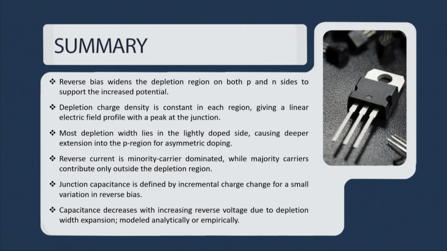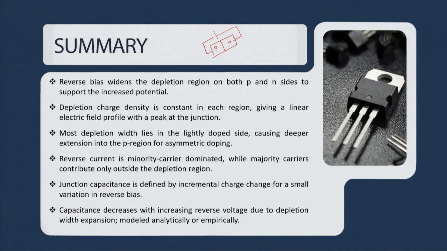So, let me summarize this lecture. In this lecture we have seen what will happen when a reverse voltage is applied to the PN junction. Reverse voltage means that the P side of the PN junction will be connected to the negative terminal and the N side will be connected to the positive terminal. We have seen that when we apply a reverse voltage, the depletion region expansion will be there, and to support that there will be a potential drop across this.